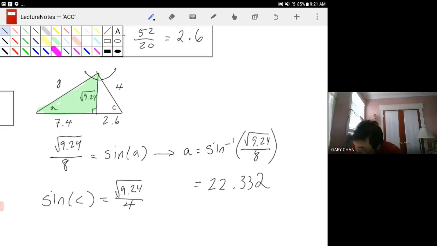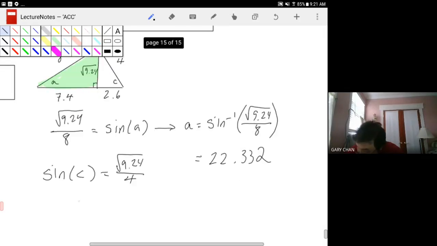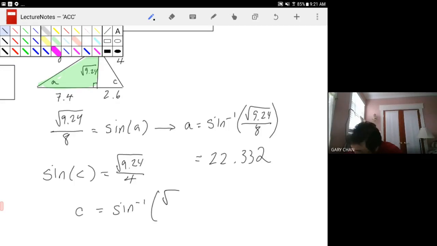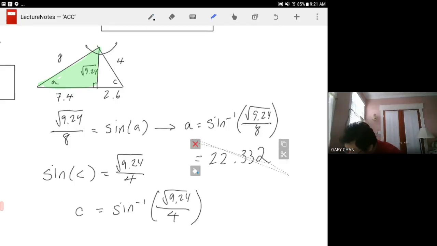Very nice. And then finally, C is equal to arc sine of square root of 9.24 all over 4.